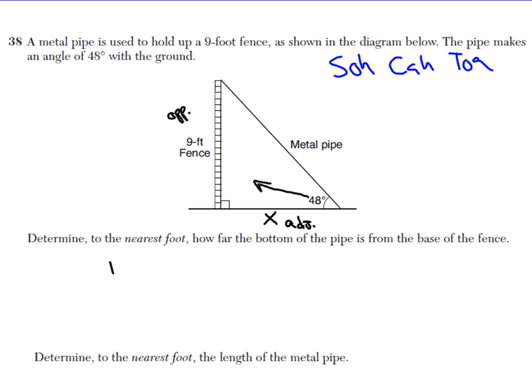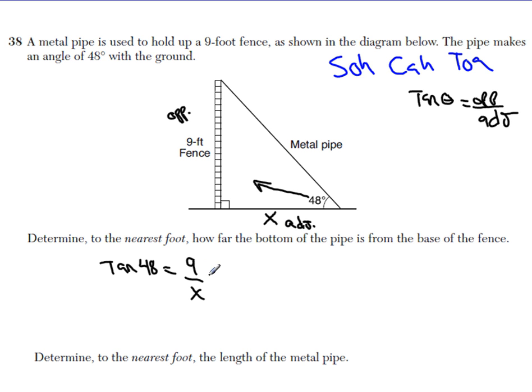So we're going to write the tan of 48 degrees is equal to the opposite over the adjacent, right? Because tan of the angle, which I'm going to label theta, is equal to opposite over adjacent.